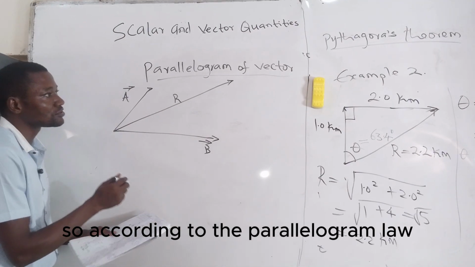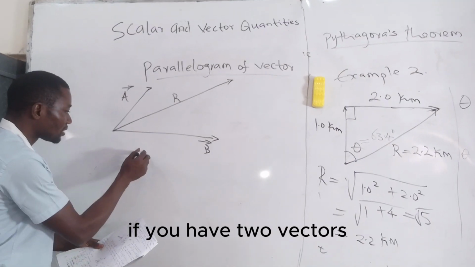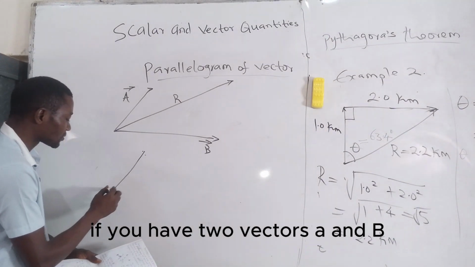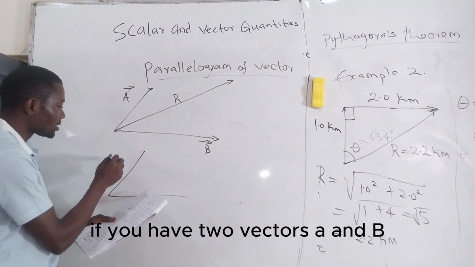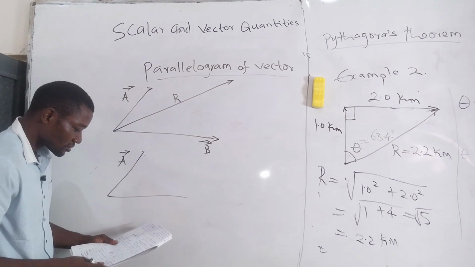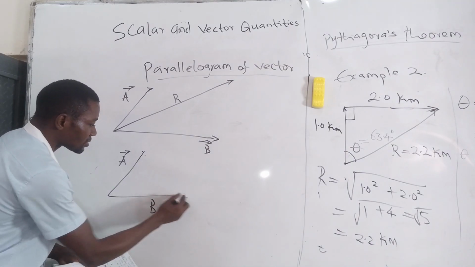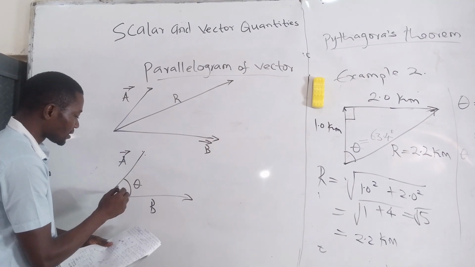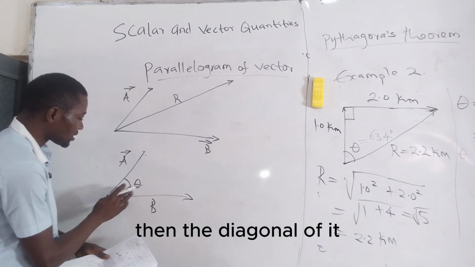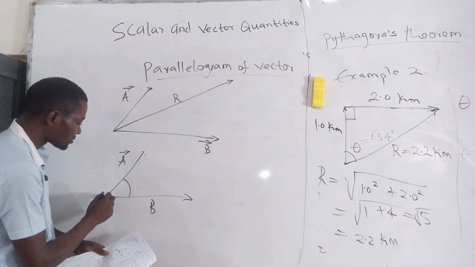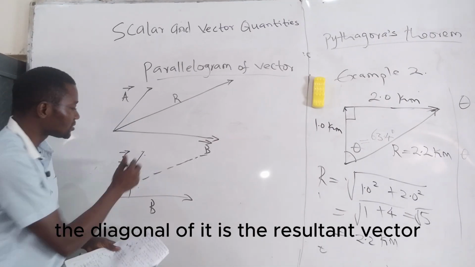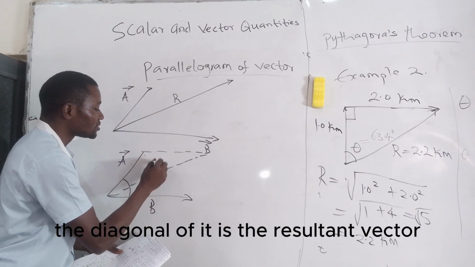So according to the parallelogram law, if you have two vectors, A and B, at an angle theta to each other, then the diagonal is the resultant vector.